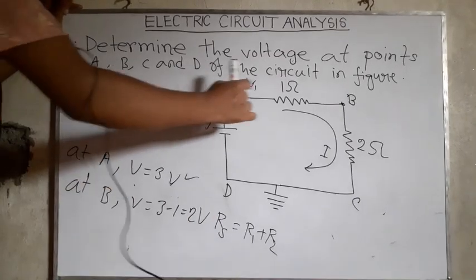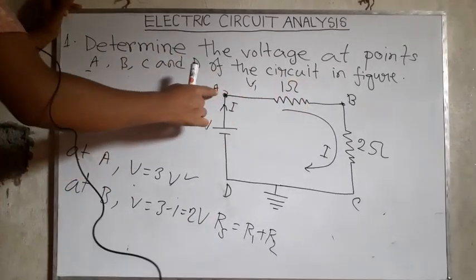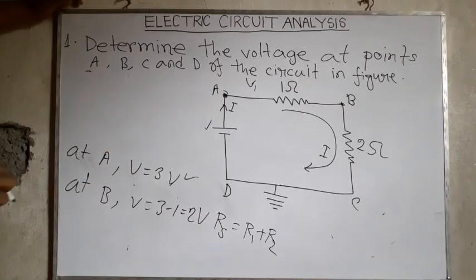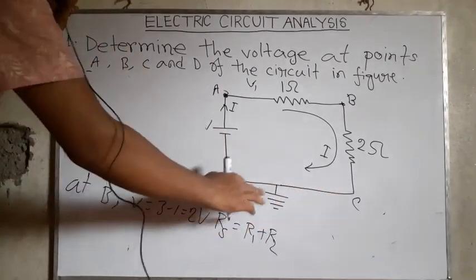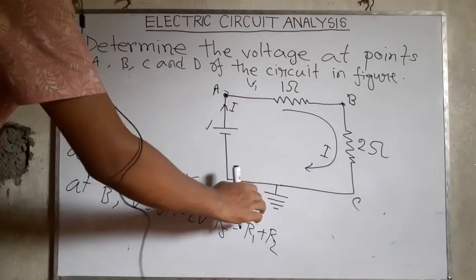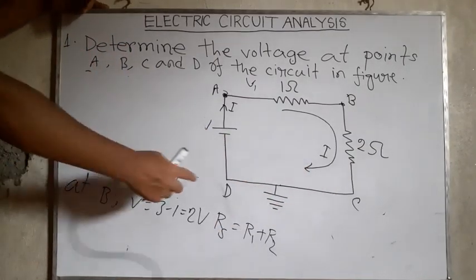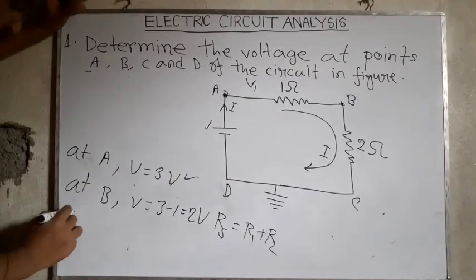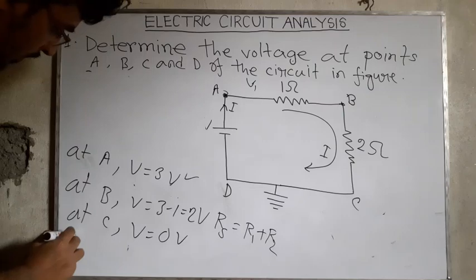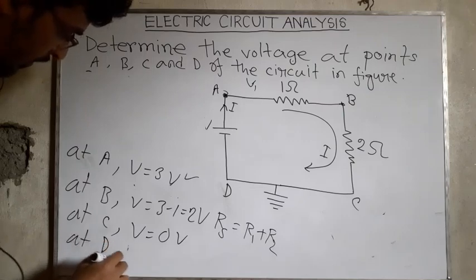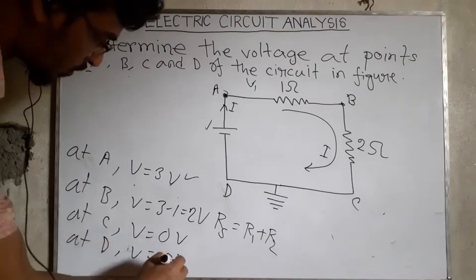And we know the potential at C and D is 0, because C and D points are connected with the earth. At C, V is equal to 0 volt, at D, V is equal to 0 volt.